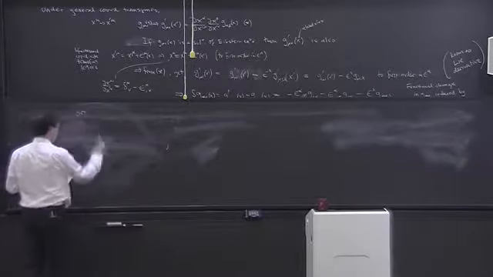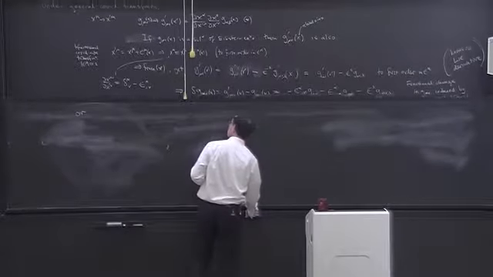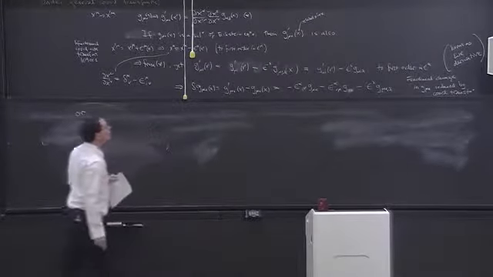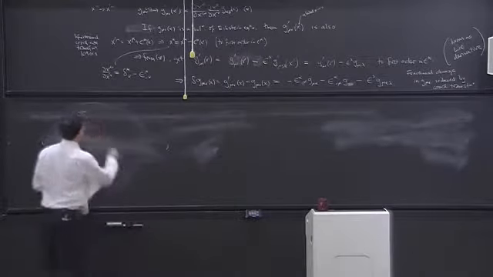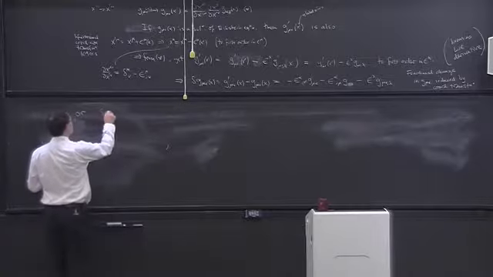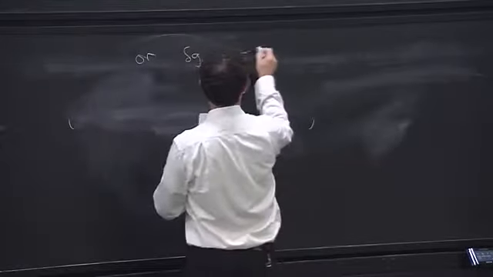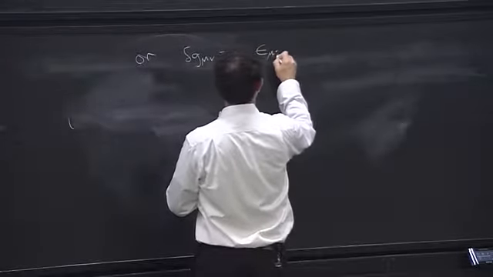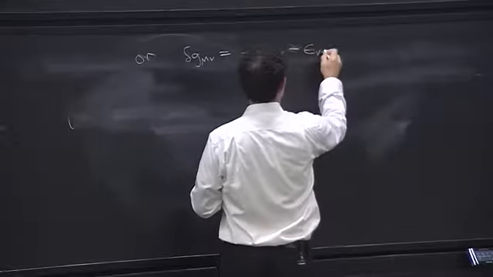Delta g mu nu is equal to minus epsilon mu semicolon nu minus epsilon nu semicolon mu.